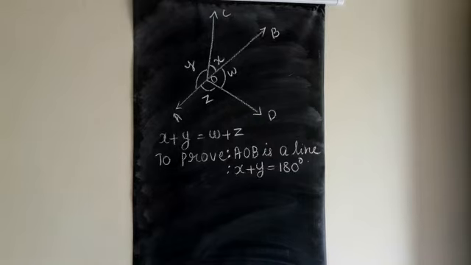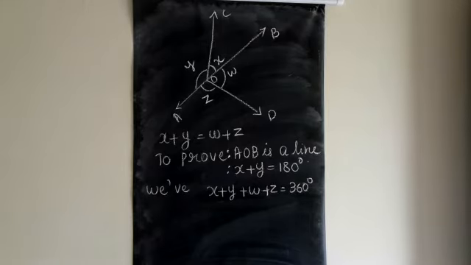Now just observe the figure. Around the point O, how many angles are there? Yes, 4 angles are there. And what is the sum of all the 4 angles? x plus y plus w plus z. It is equal to 360. Why? Because they lie around a point, and the total sum of the angles around a point is equal to 360 degrees, isn't it?